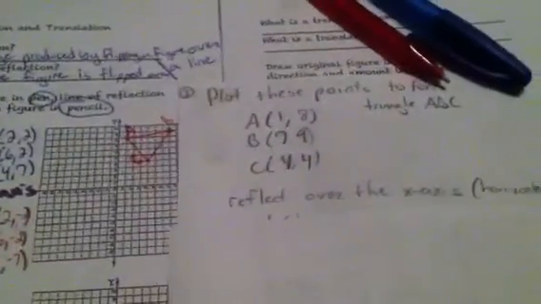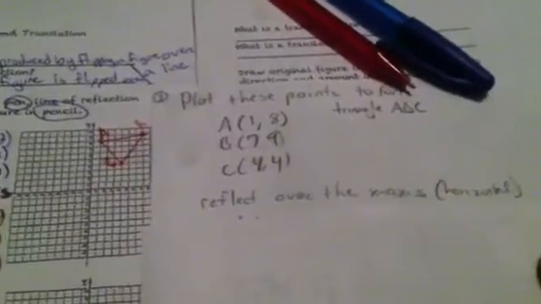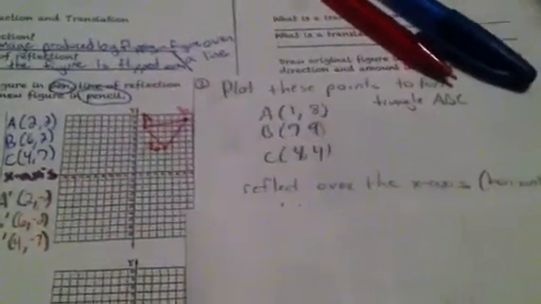A, B, C. Now, reflect it over the x-axis or the horizontal axis. We're going to reflect it over the x-axis, which is right here, from left to right, our horizontal axis.